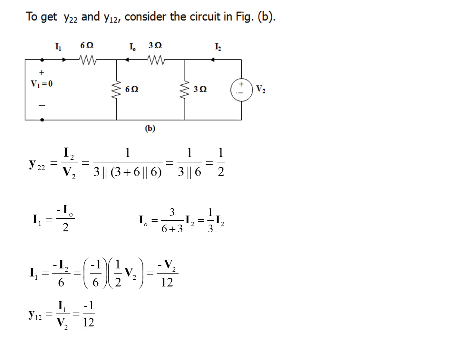So Y12 is minus 1 over 12, and we have completed the admittance parameters. This is as shown: 1 over 8, minus 1 over 12, minus 1 over 12 and 1 over 2 in Siemens.